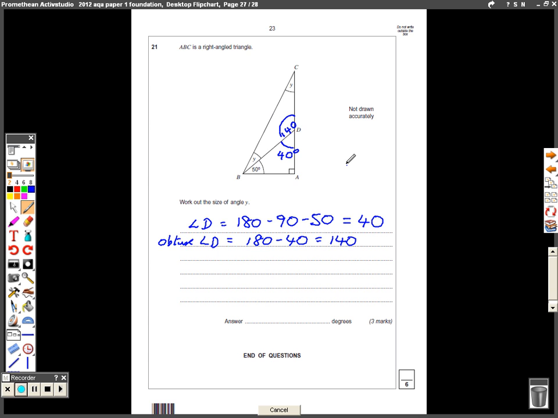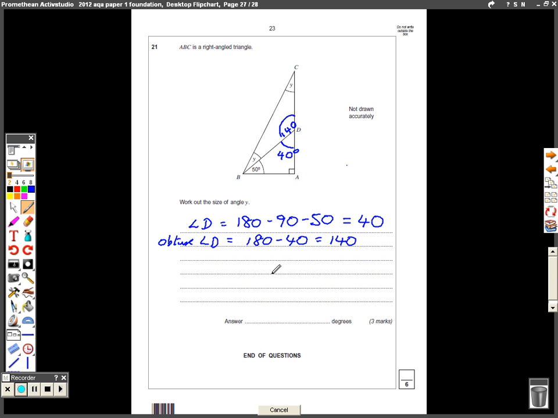Now I need to look at triangle BCD. And I've noticed in triangle BCD that 2 of those angles are marked with Y. That means they must both be the same. That means that the triangle I'm looking at, BCD, is isosceles.